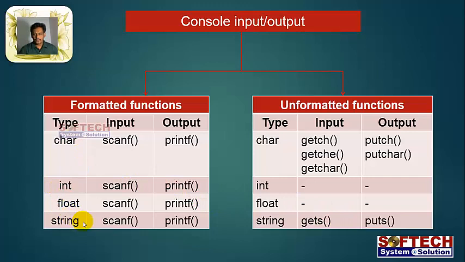But formatted functions also get characters and strings and display them on the monitor. They deal with all data types, but there are some differences between unformatted and formatted. We can get a character through scanf and display a character on the monitor through printf. The string also we can get as input and give as output using scanf and printf.